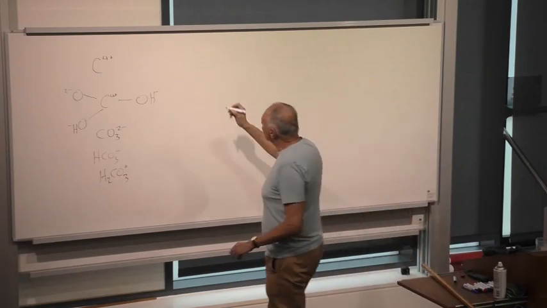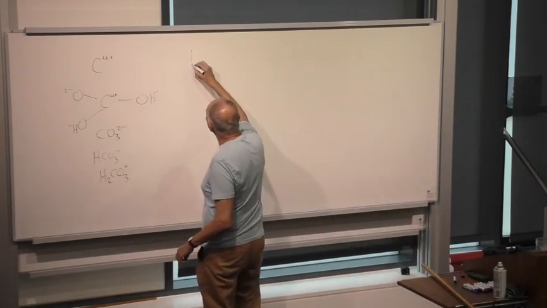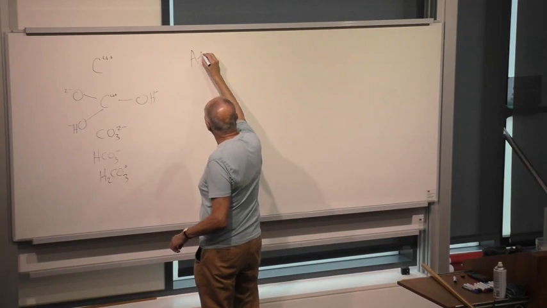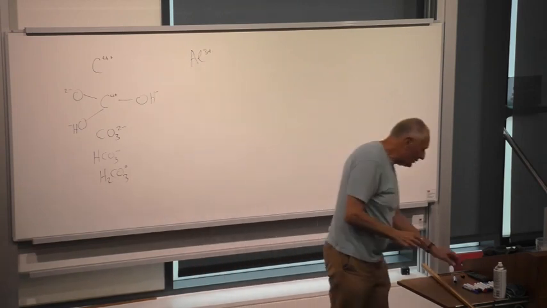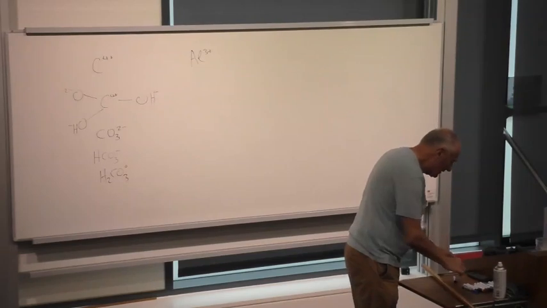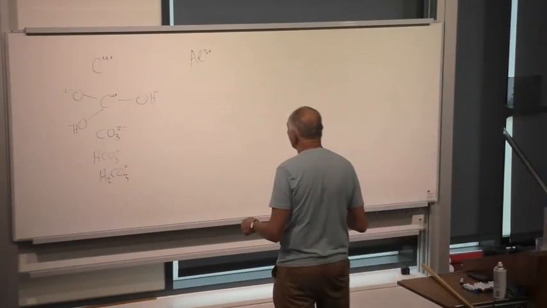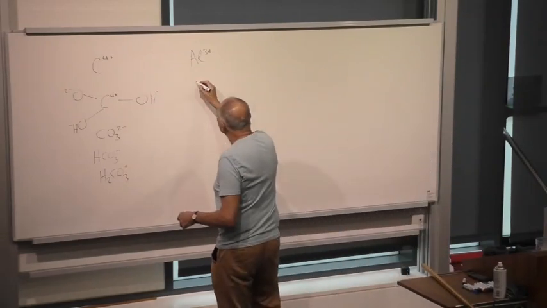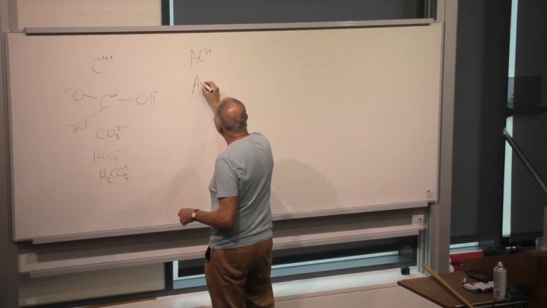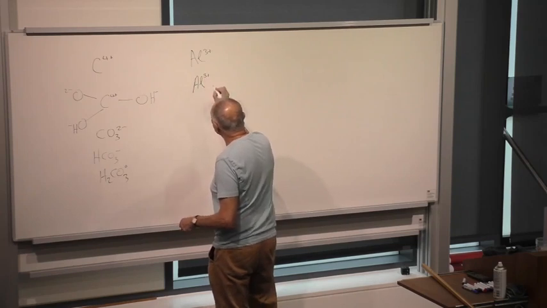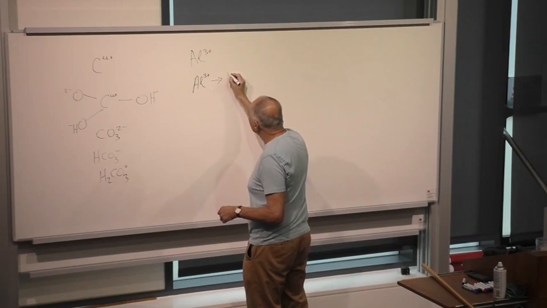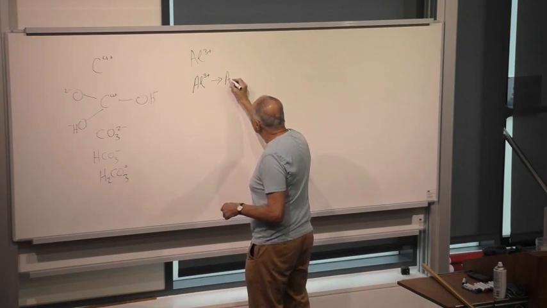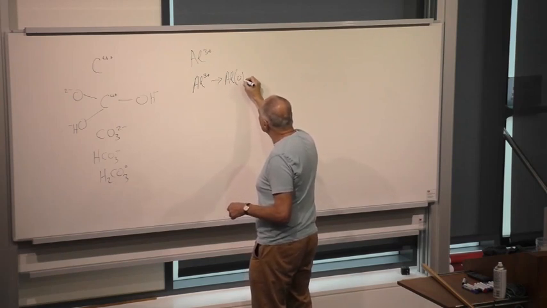Well, aluminium is another one that's rather important. In solution, aluminium again is very small, it's moderately highly charged. So Al3+ exists in solution, again at certain pHs. And then we can add hydroxyls.